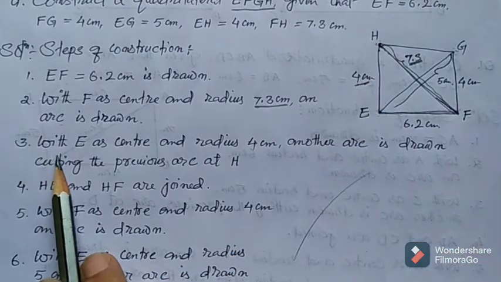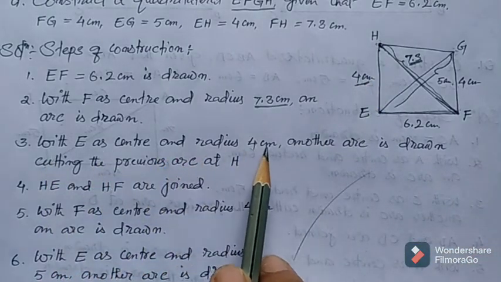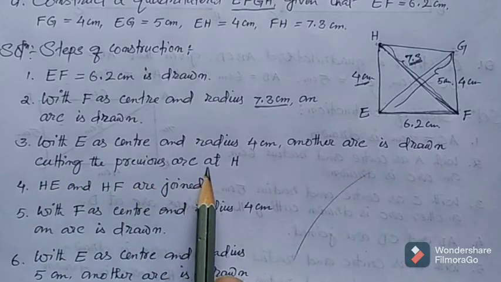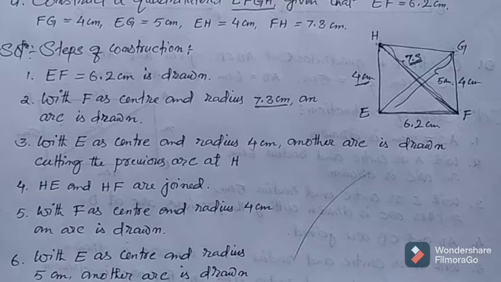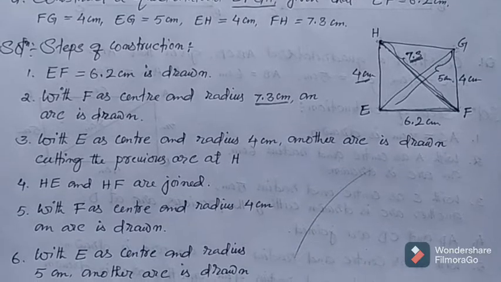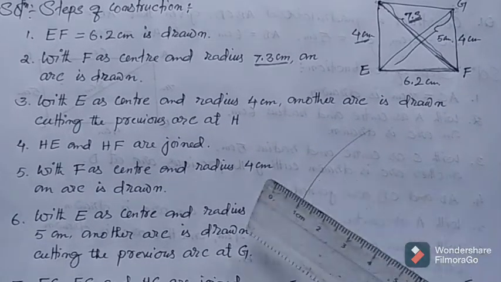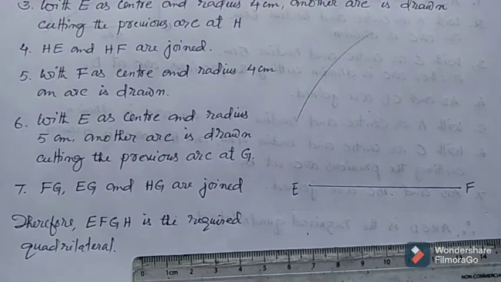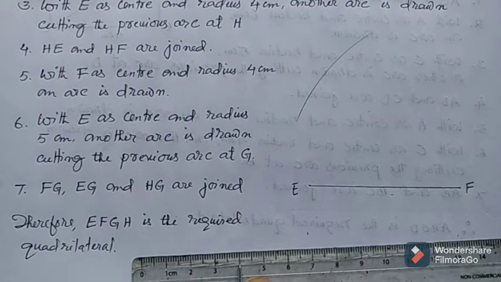Step number 3. With E as center and radius 4 cm, another arc is drawn, cutting the previous arc at H. So again, let's measure an arc of radius 4 cm.